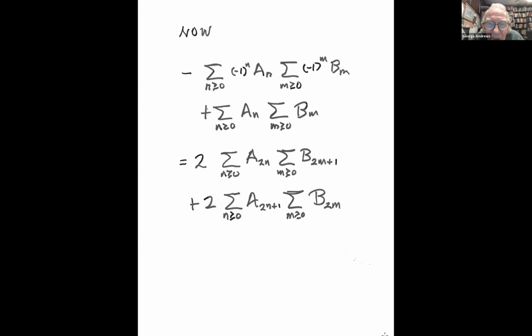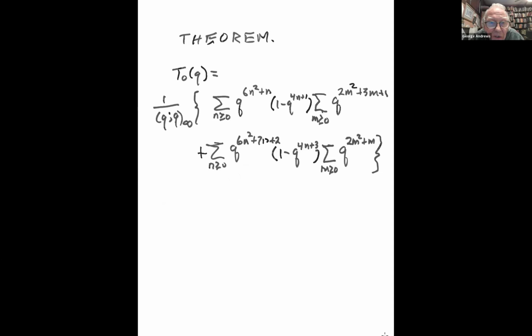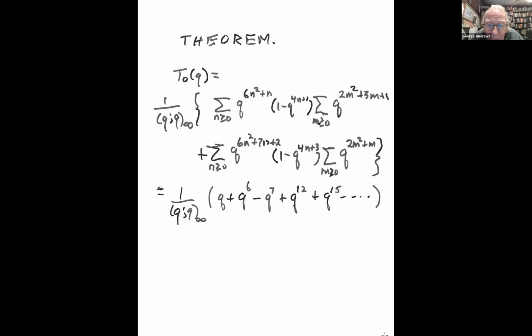And so there's lots of cancellation that occurs precisely when you have parity being the same for both the A and the B. And so you wind up with the fact that the expression you saw in the previous slide simplifies to this. And so here's the theorem that TO of Q is equal to this expression, and this simplifies down to precisely this, which is precisely the situation that we saw before.